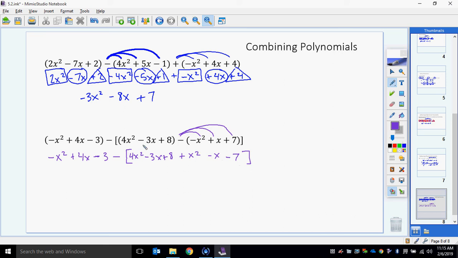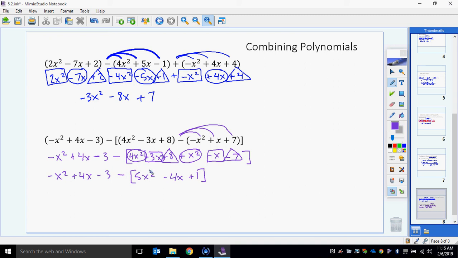I'm going to work in my brackets to simplify that. So I'm going to combine like terms inside of there. I see a 4x squared and an x squared, so that's 5x squares. I have a negative 3x and a negative x, so that's negative 4x. And then I have an 8 and a negative 7, which would be a positive 1.